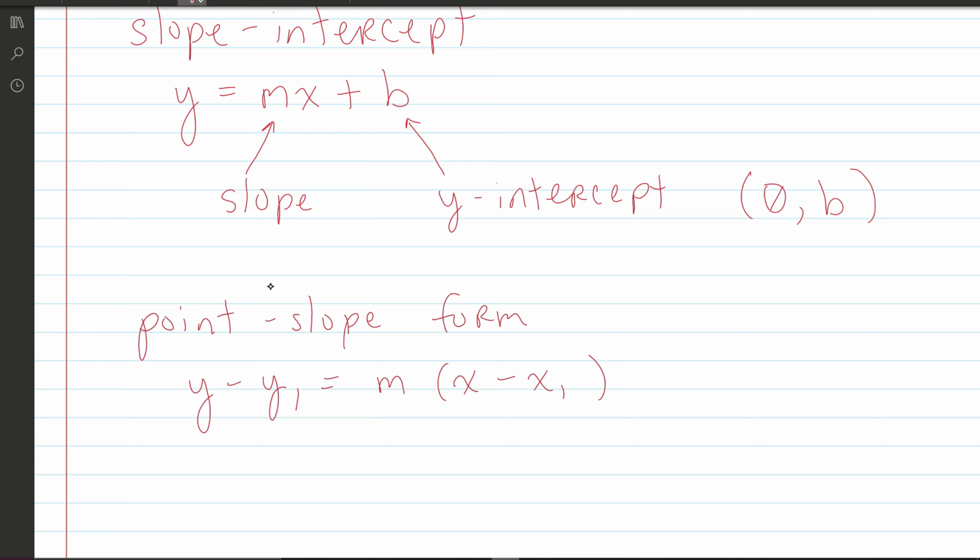Usually you're given an x and y ordered pair, some point, and then you'll substitute in for x sub 1 and y sub 1. You will not substitute in for the x or the y without the subscripts, just the x sub 1, y sub 1, and the m. And then once you do, it'll be considered point-slope form.